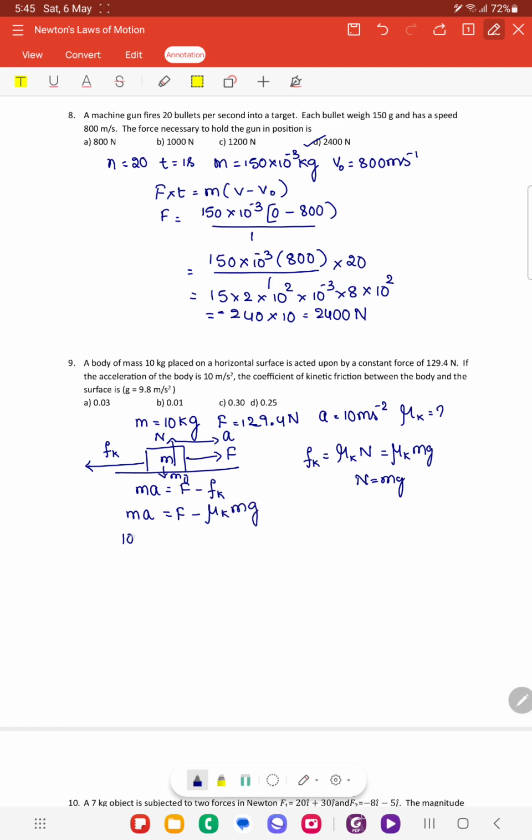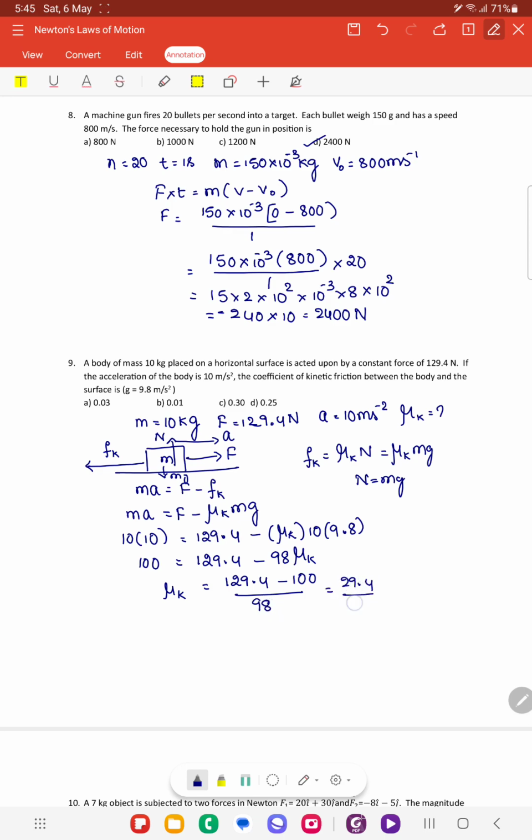So m is 10, acceleration is also 10 meters per second square, force is 129.4 Newton minus mu k into 10 into 9.8, that is 100 is equal to 129.4 minus 98 into mu k, or mu k is equal to 129.4 minus 100 divided by 98, that is 29.4 by 98, which is 0.3.